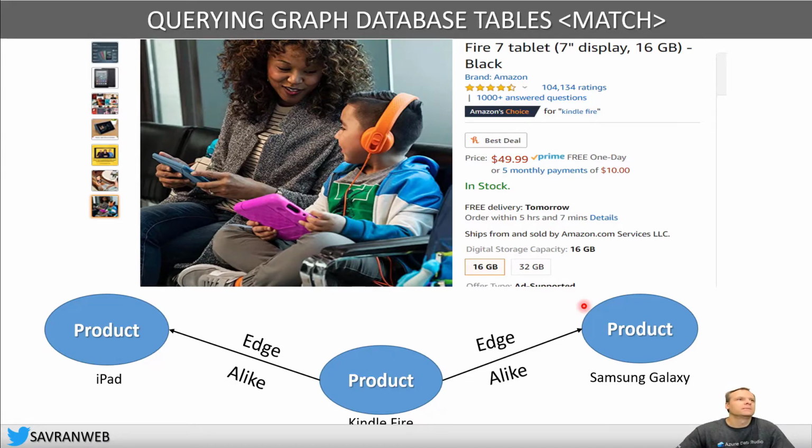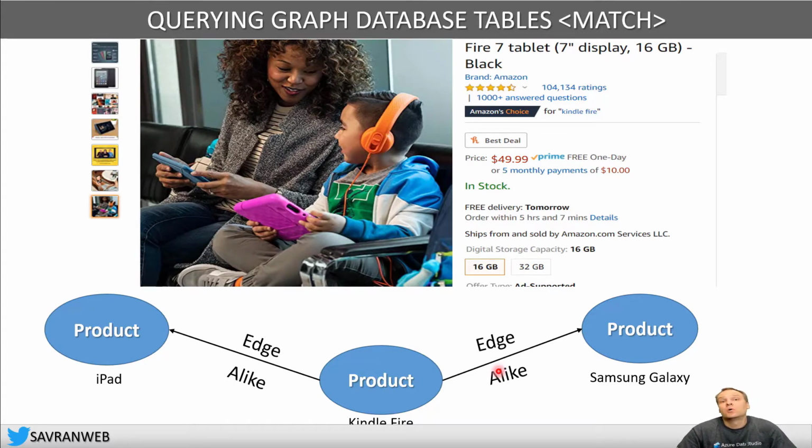So here's going to be our case. My user is going to go here, and I'm going to show my user the other products I have. As you can guess, my product is the node table, and I am going to have a relation table named alike. And I'm going to do that at the back end first to be able to use it.